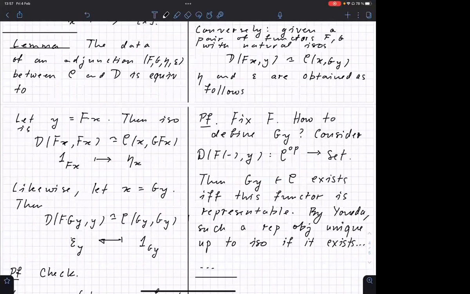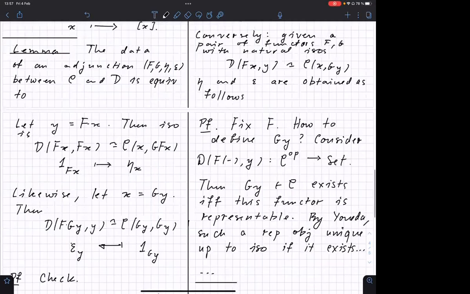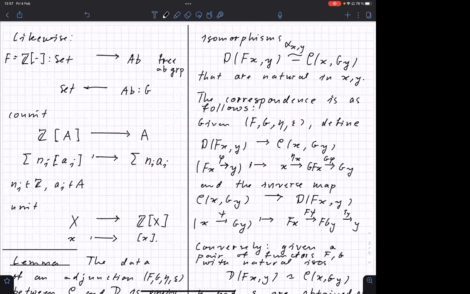There's an alternative way to think of adjunctions. The datum of an adjunction involving F, G, eta, and epsilon between two categories C and D is equivalent to another kind of datum, which is an isomorphism of Hom sets.